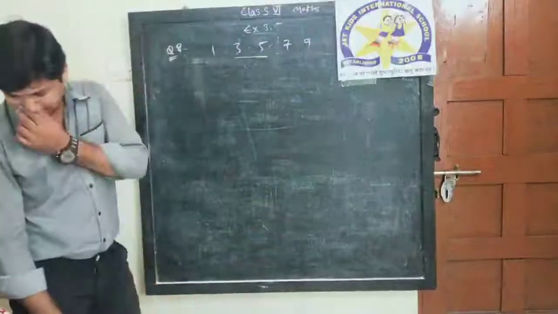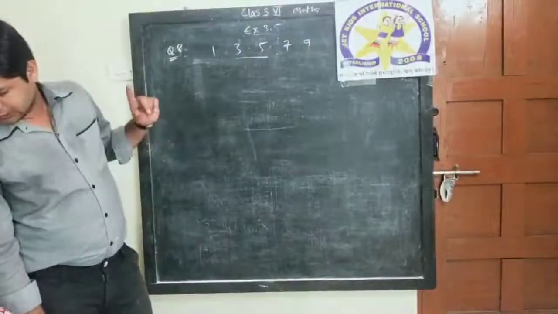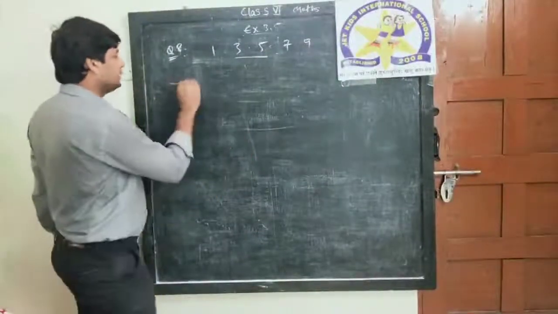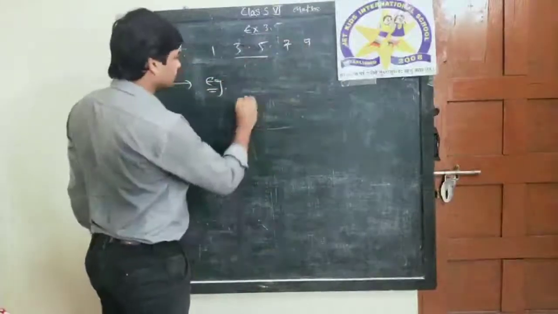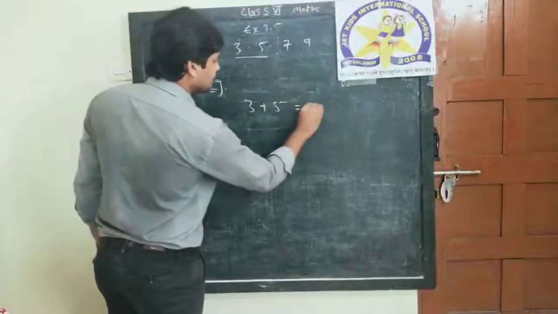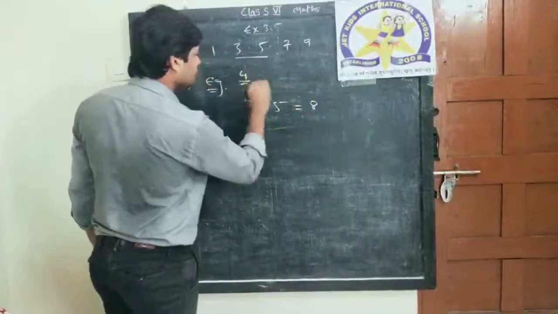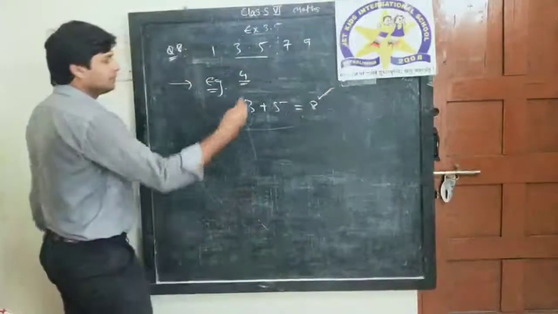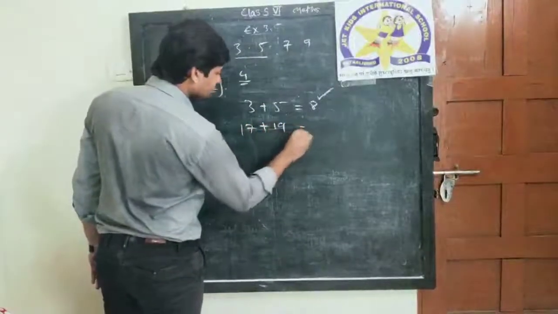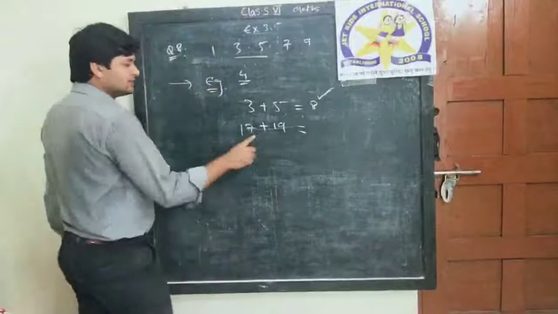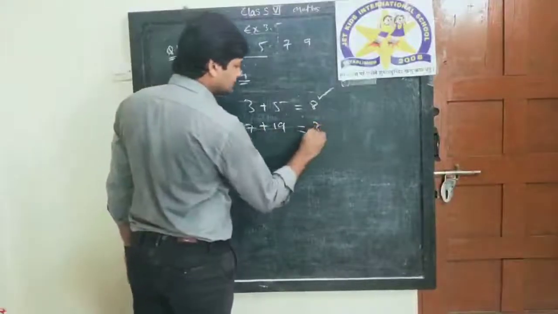Taking an example, any two consecutive odd numbers: 3 plus 5 is 8. Yes, it is divisible by 4, right?